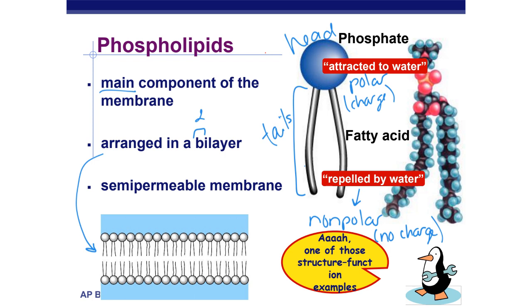So these molecules, these phospholipids, will arrange themselves with the polar charged heads facing the outside and the inside of the cell, and then the middle part will contain these nonpolar tails that will have the lipid or the fat part.